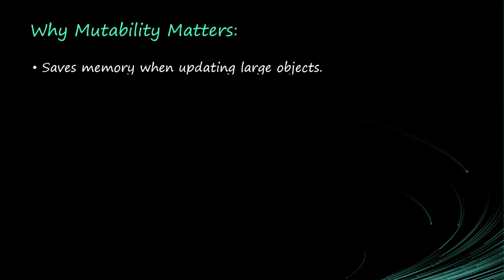Lists can have millions of items in them. If Python keeps on creating new objects in memory, your memory will get full. So this saves us memory because Python has just one object that it is working with. It doesn't create any new object when you modify the reference object.